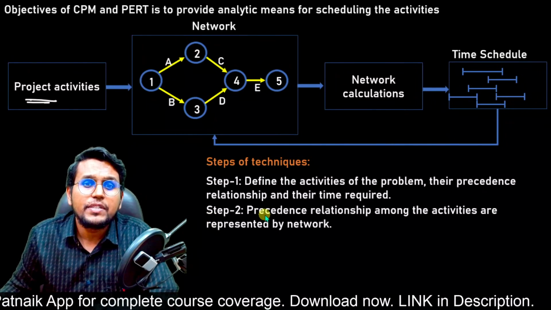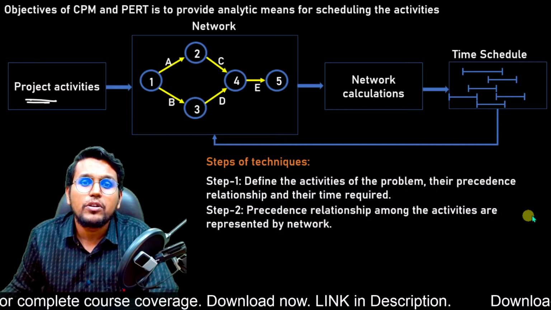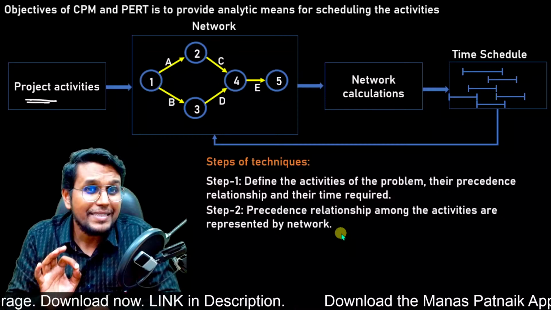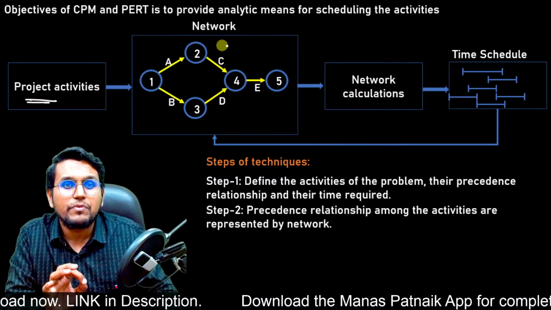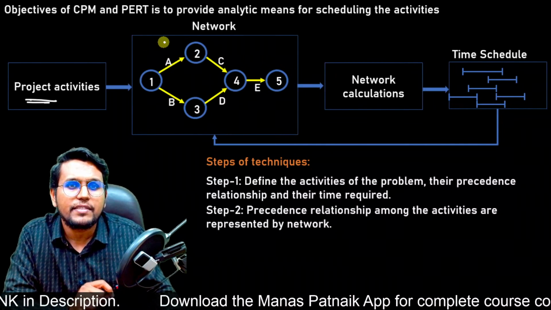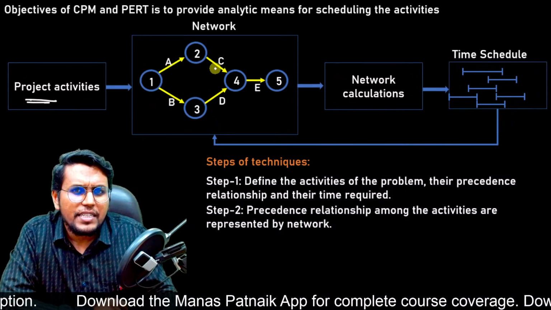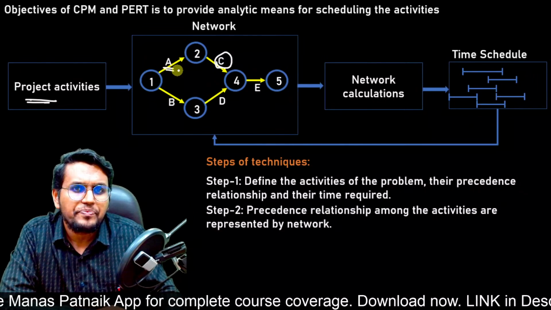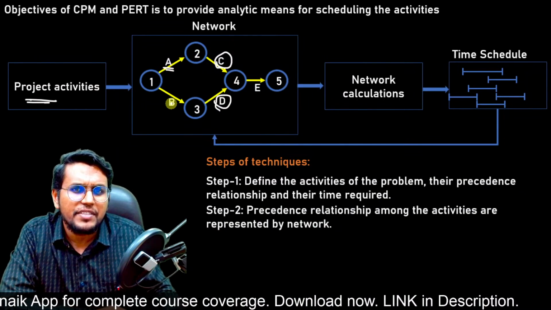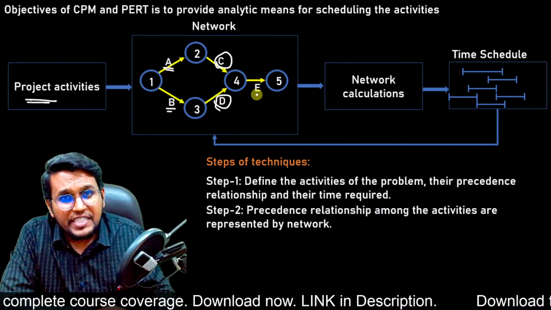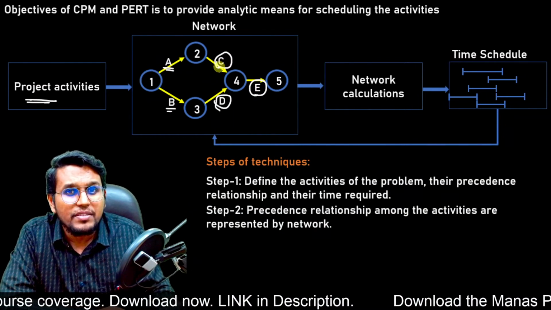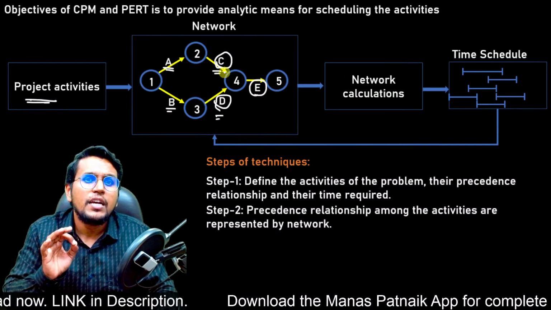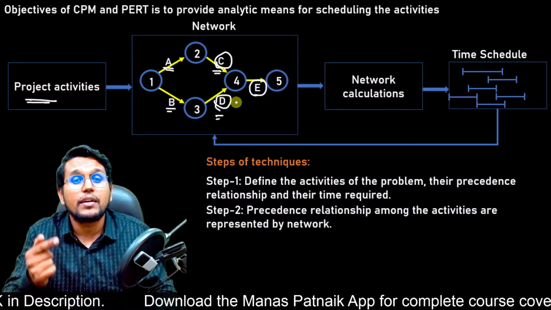And as we move ahead, we need to see the precedence relationships among the activities represented by the network. Once we find out the precedence, we need to create a network diagram which looks something like this, where we can see that C is preceded by A, activity D is preceded by B, and activity E is preceded by both C and D. That means activity E cannot be started unless C and D are both completed.